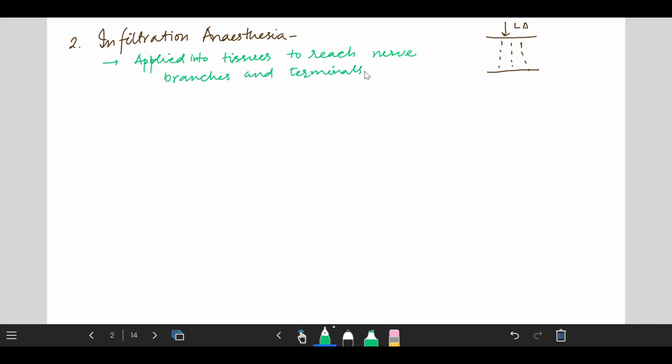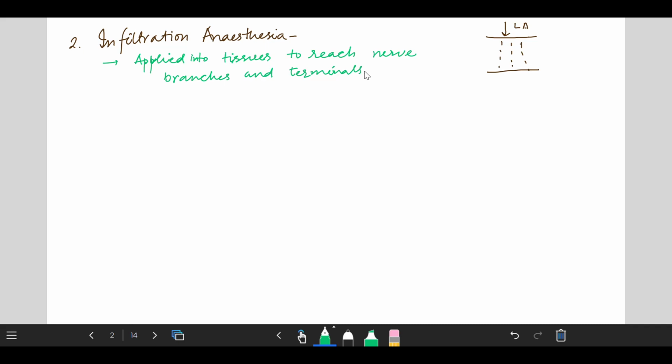Okay. Now, how can we achieve this type of anesthesia? Just insert the needle directly into the exposed subdermal layer of the area you want to anesthetize.